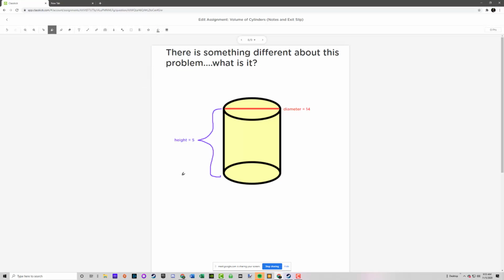And what I'm going to do is put volume equals pi times the radius squared times h. I want you to take a look at this problem, and without sending your message or your answer until I ask you to, I want you to type your answer in, and then we'll all submit it in 60 seconds. All right? So starting now.